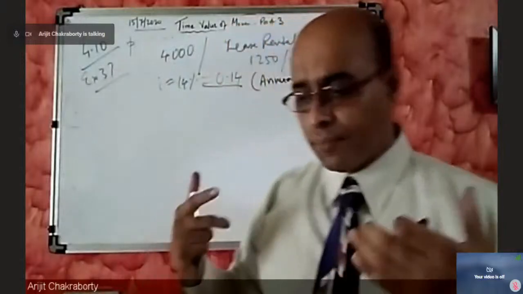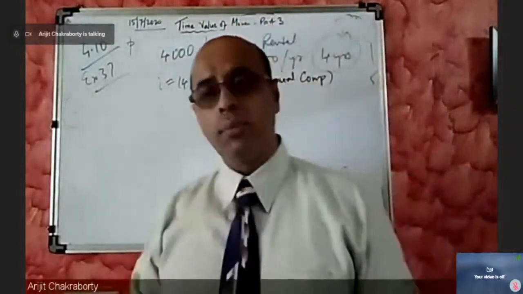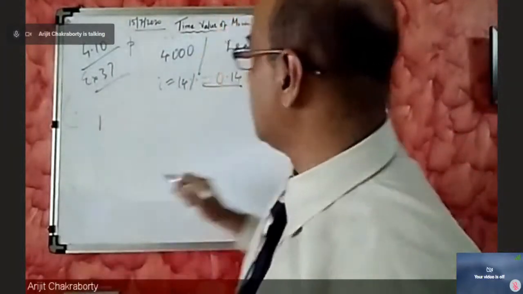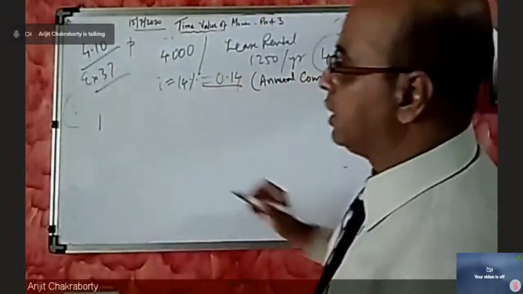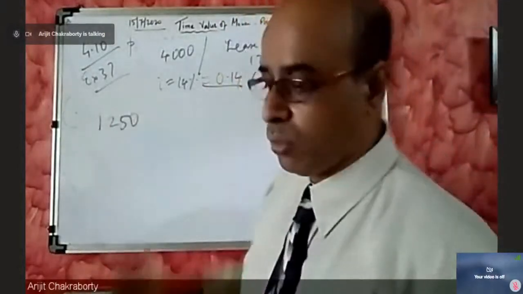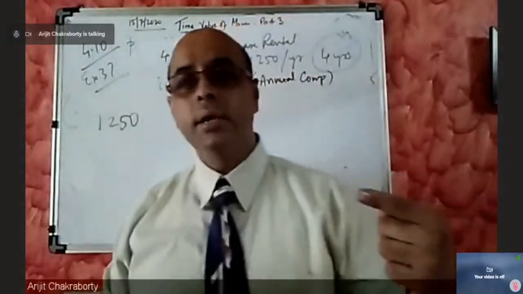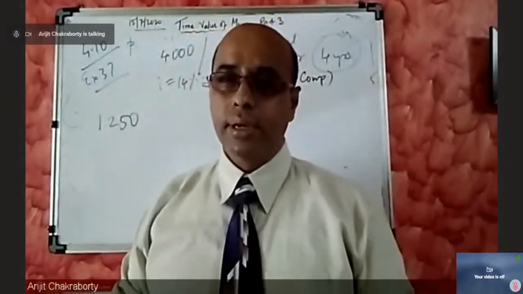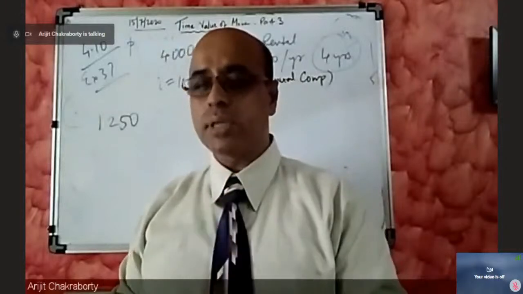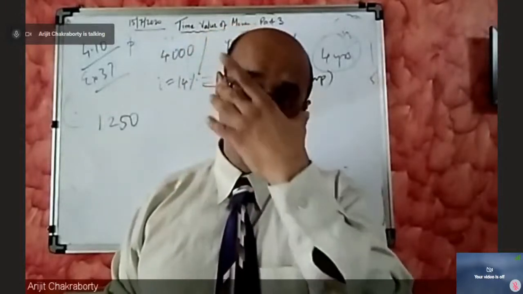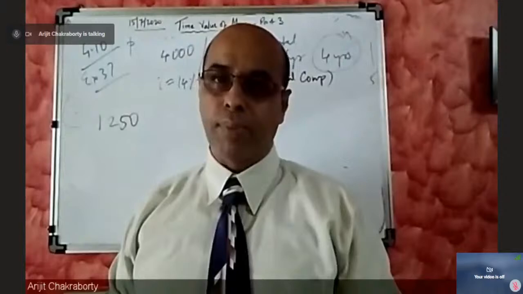So just by applying the given formula, P is 1250. So 1250 per year if you pay, it is like an annuity, right? So first we want to see what is the present value of the lease rental which you are paying.